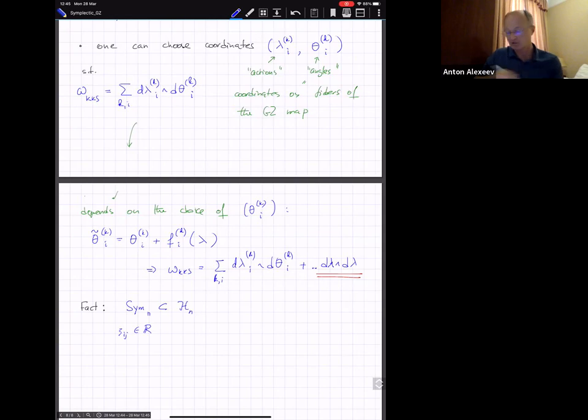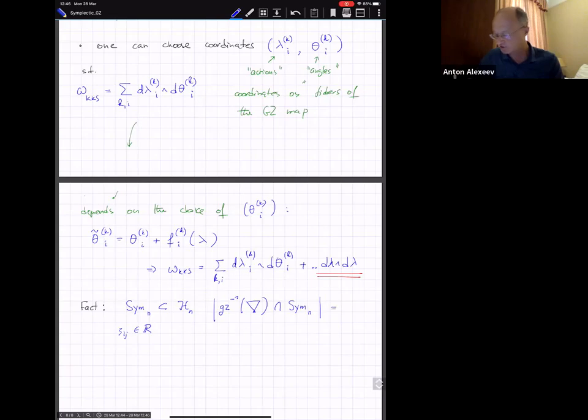And it turns out that GZ^{-1} of some triangular tableau, of course in the regular part, intersects Sym_n in a finite number of points. I think the cardinality of this set will be 2 to the power n. So basically what you need to do, you need to choose, yeah, there is a question?